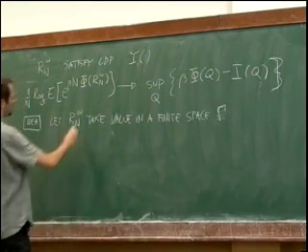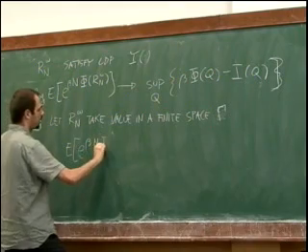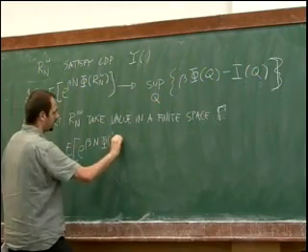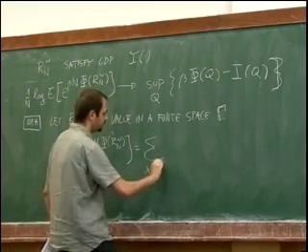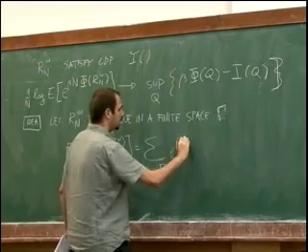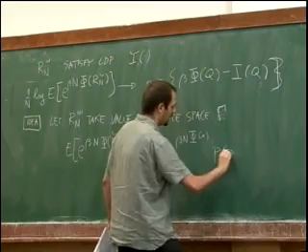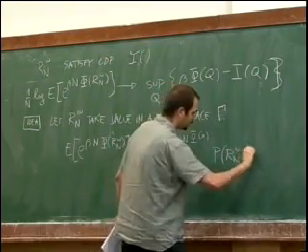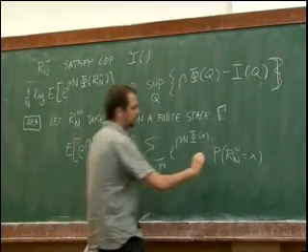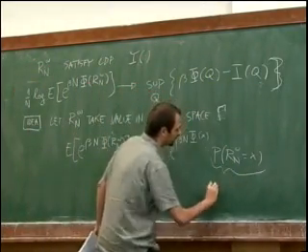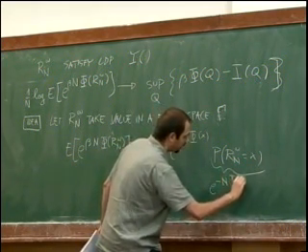Then, what is the expected value of e to the beta n phi of R_n of omega? Well, we just have to sum over all the values in the space of e to the beta n phi of x times the probability that R_n is equal to x. However, if we have a large deviations principle, this probability is approximately e to the minus n I of x.